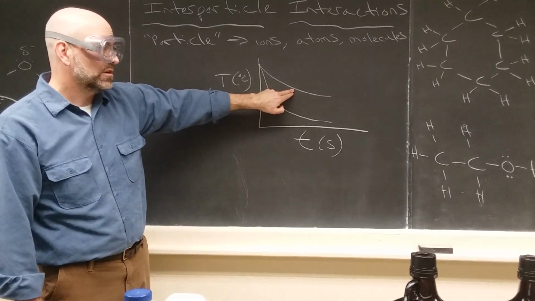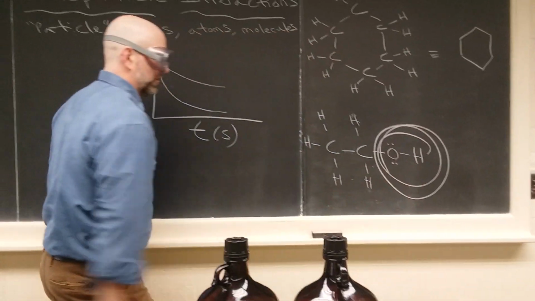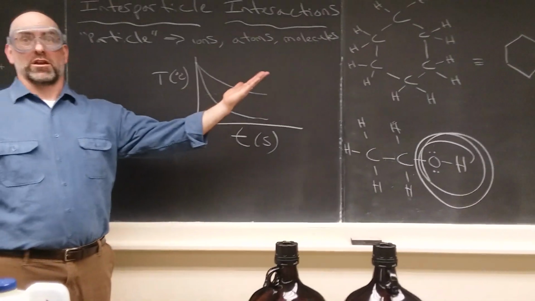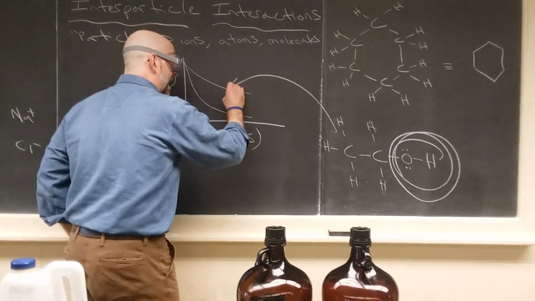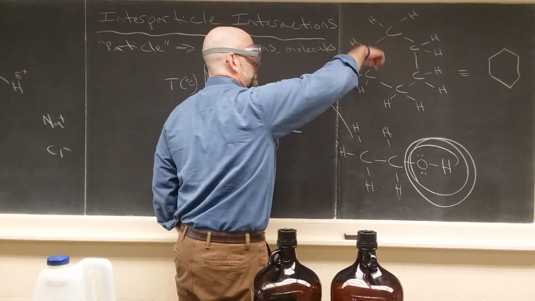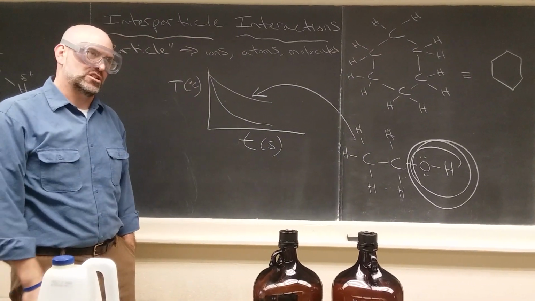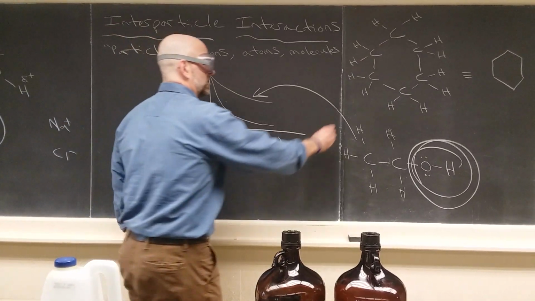And it turns out that it's this polar part of ethanol. It looks an awful lot like water. That makes it a stronger intermolecular force, and it will evaporate much more slowly. Cyclohexane, by comparison, doesn't really have a polar part to it. Those are all fairly non-polar bonds, and it has a weak intermolecular force.